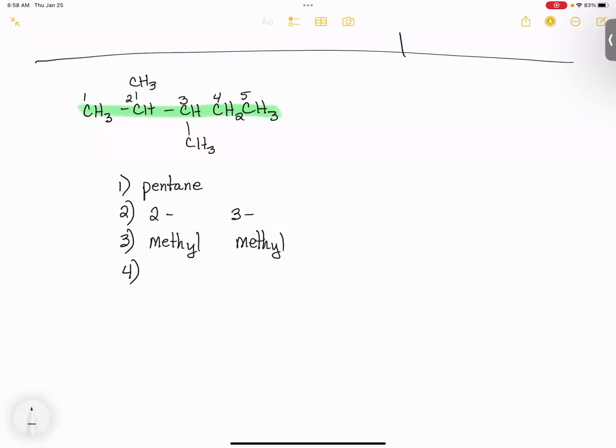It's going to be 2,3-dimethylpentane. It is telling you that there are 2 methyl groups, one on the 2 and one on the 3 of the pentane chain.